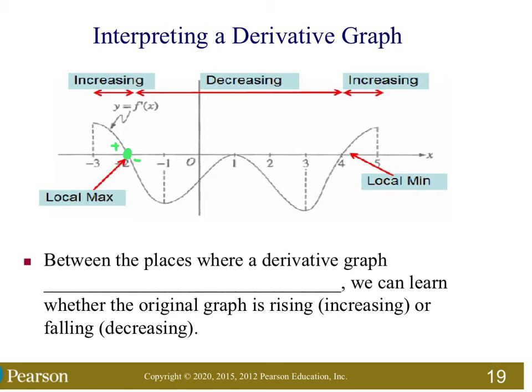I always look at what's first. If it's a plus first, plus to minus, plus means it's going to be a max. That's what I always do. Plus first means it's going to be a max. This other point is also important. Minus to plus, below the x-axis to above. The minus comes first, so it's going to be a min.